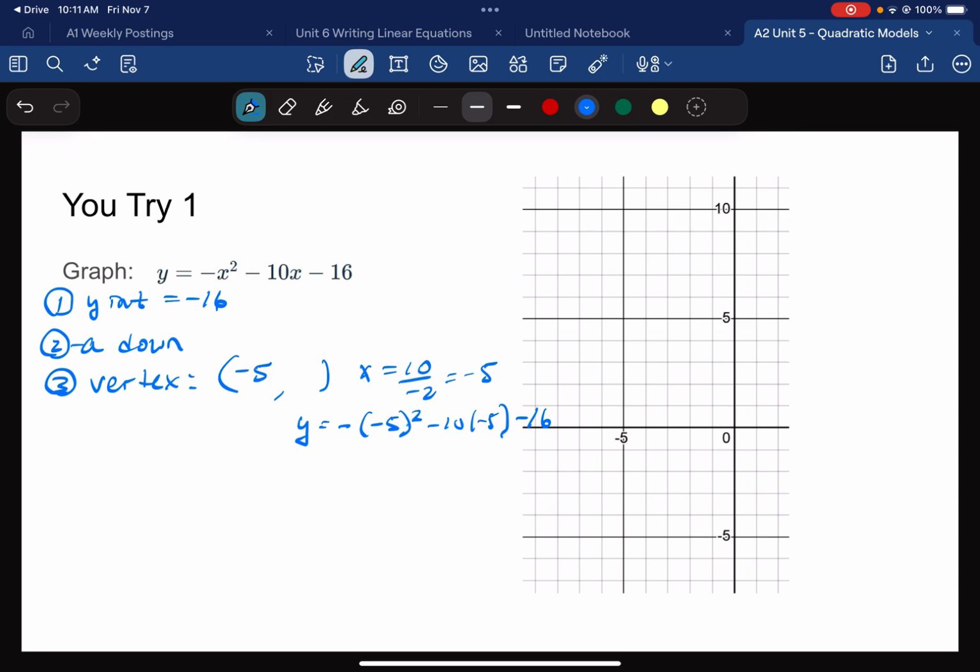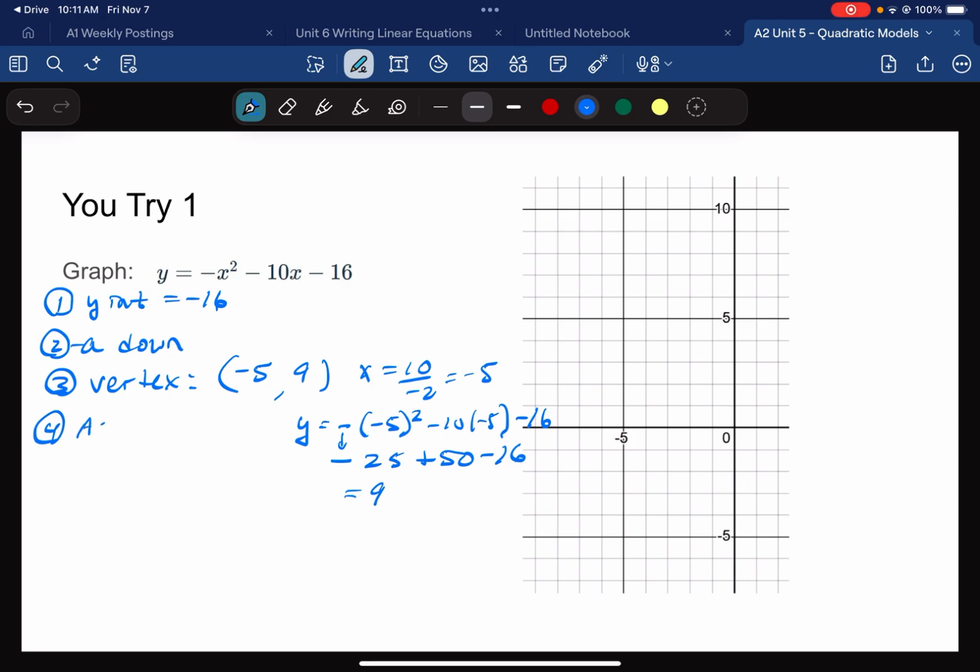So this negative 5 squared is 25, but now we apply the negative on the outside to that, okay? And then negative 10 times negative 5 is positive 50, minus 16. So that's negative 25, negative 41, and positive 50 gives me a y-coordinate of 9.